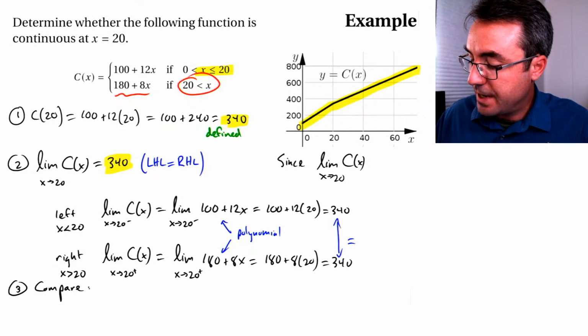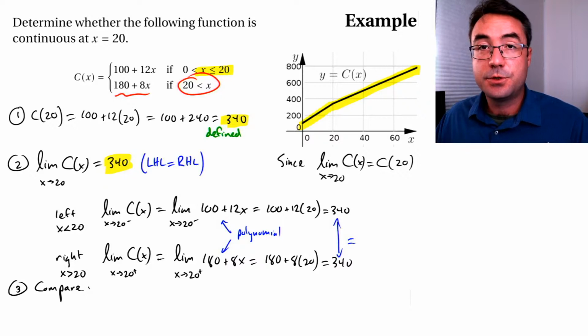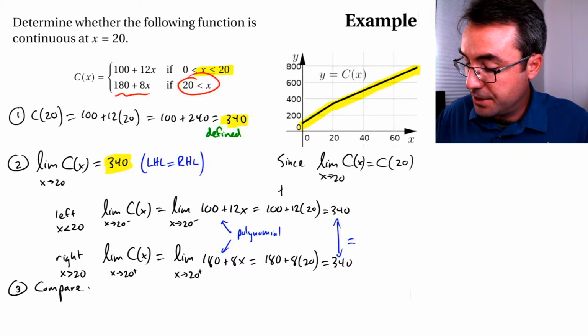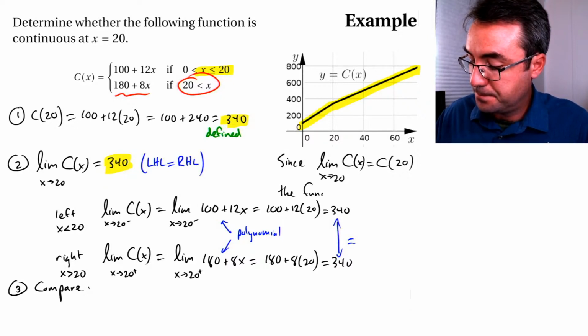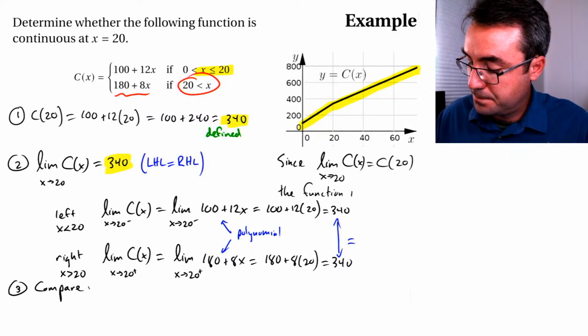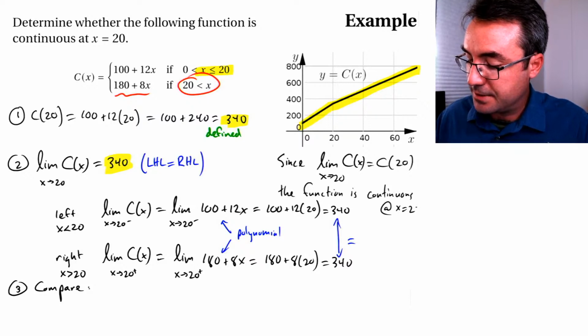So the limit of C of x as x approaches 20 is equal to C of 20. Those two values are the same. The function is continuous directly at x equals 20.